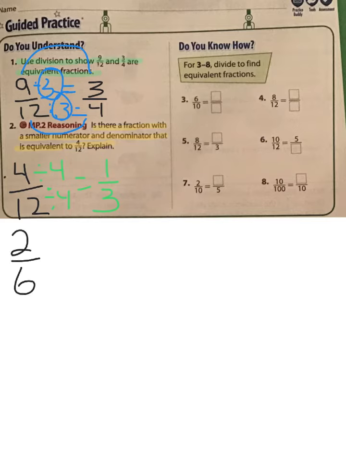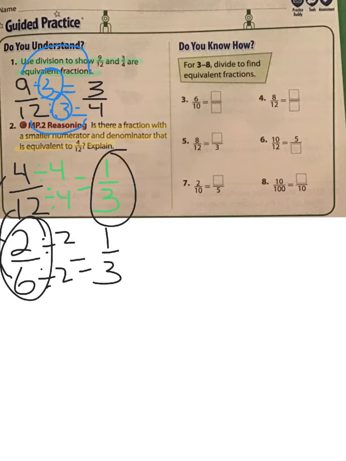But with 2/6, both of those digits are even, so I know I could divide each side by 2 again. And if I divide each side by 2 again, I will end up with 1/3, which is what I got right here.